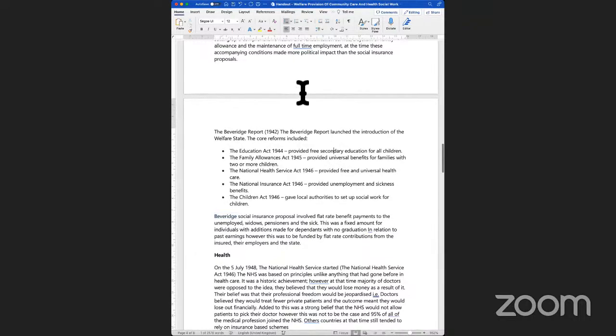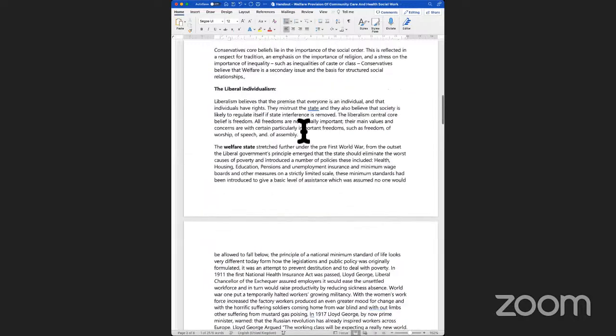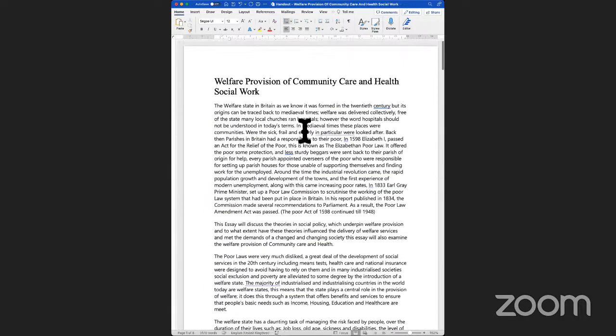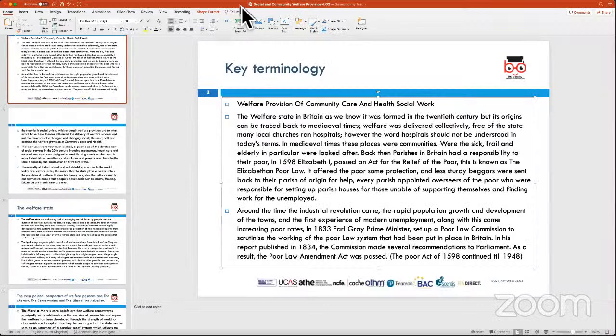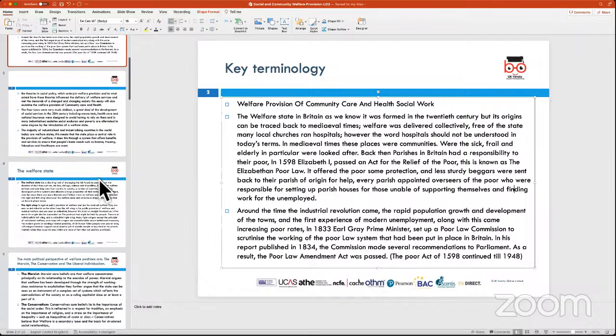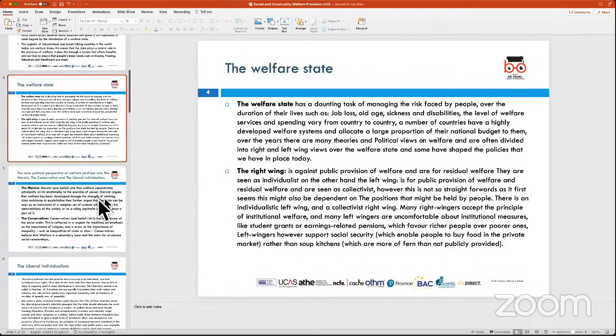Is that okay? So for this handout, about 8 pages, a 10 to 15 minute read is a must so that you can understand the background and history of the social and community care provision which has been introduced as part and parcel of the National Health Service.